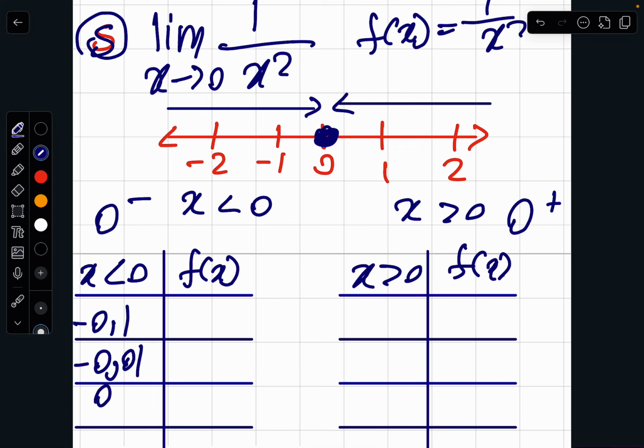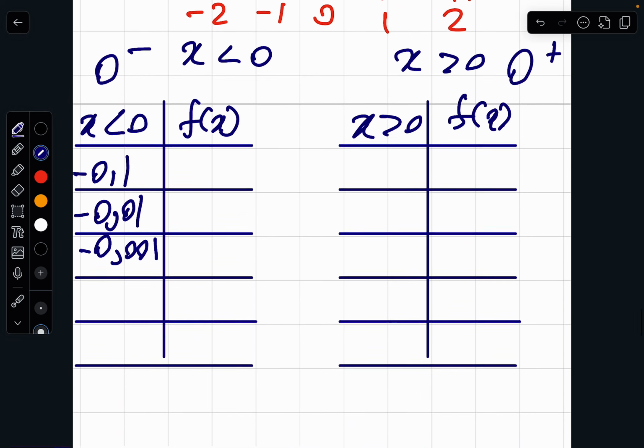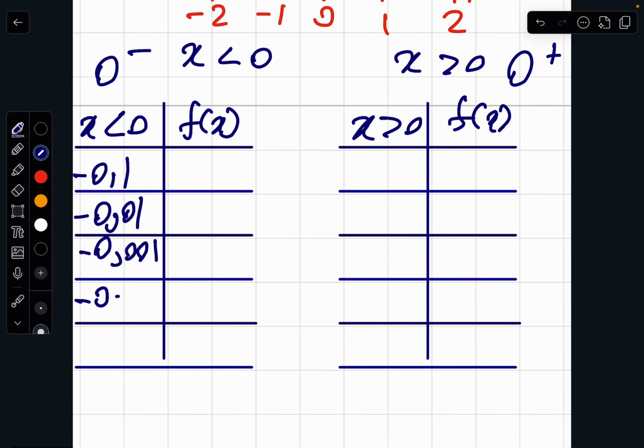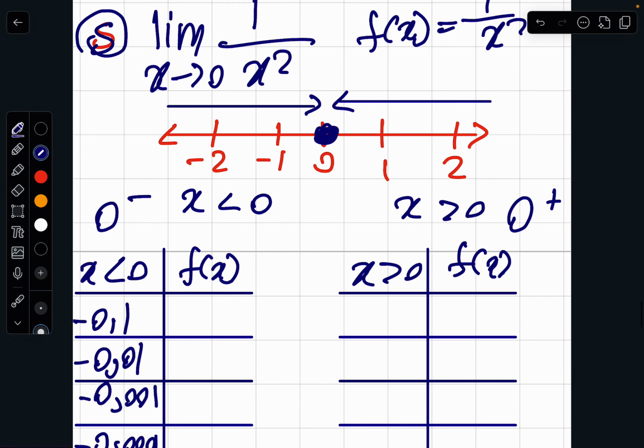Negative 0.001, and so on, adding more zeros. On the right we have 0.1. Understand? So when you're approaching 0 from the right, what is the value of f of x at this point?